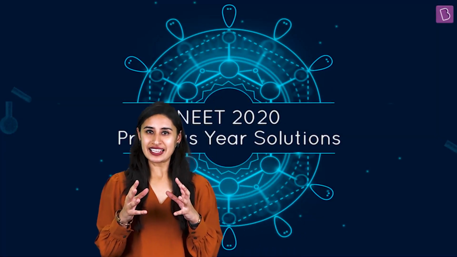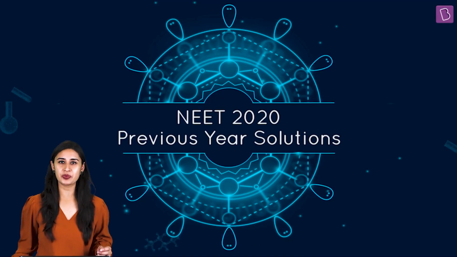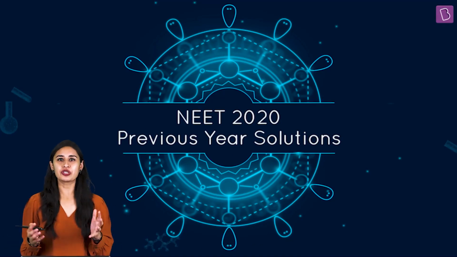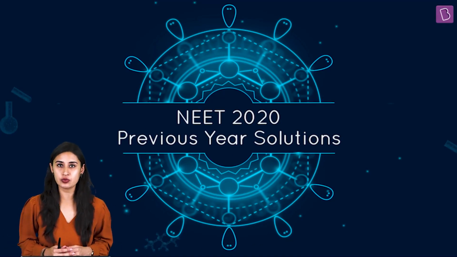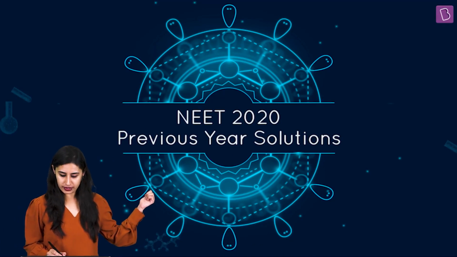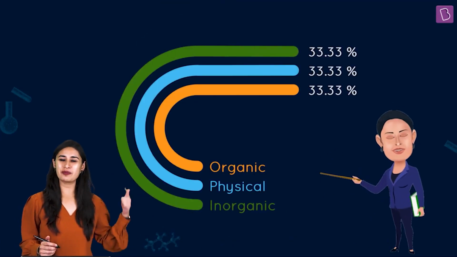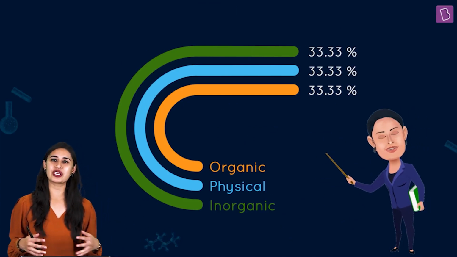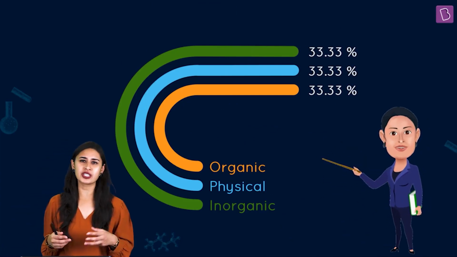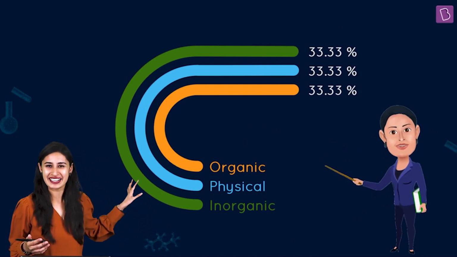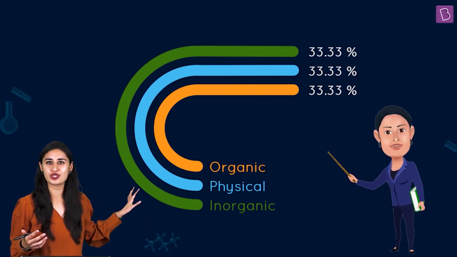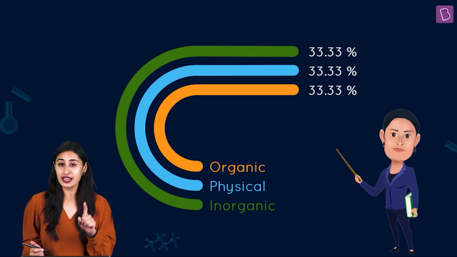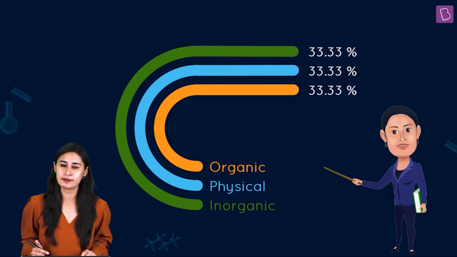So let's get deep into NEET 2020 chemistry paper. And you know that when we talk about chemistry, yes, we have three parts. Part 1 is your inorganic chemistry, part 2, organic chemistry, part 3, physical chemistry, and when you divide 100 by 3, you get 33.33. That's the percentage taken care of by the examiner in the previous year 2020 paper.